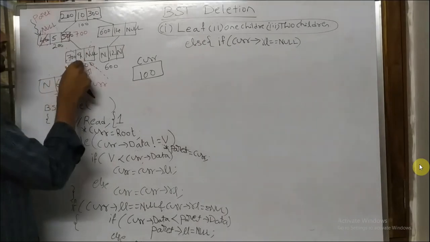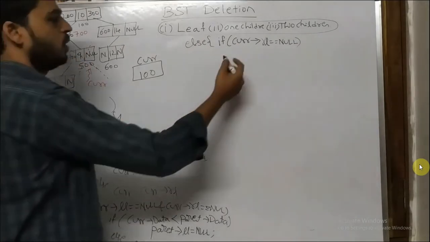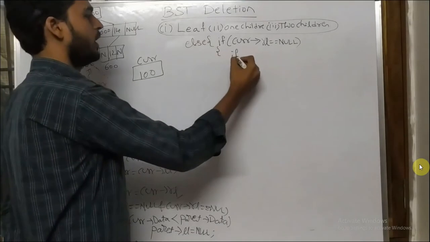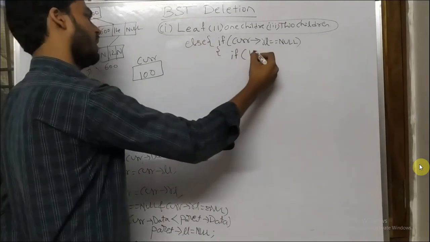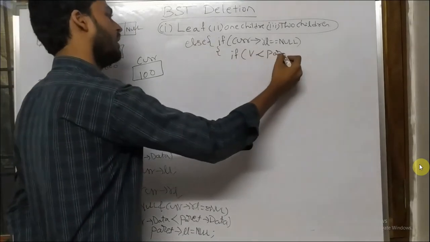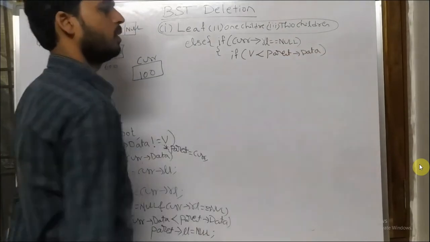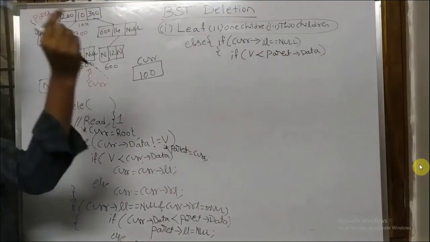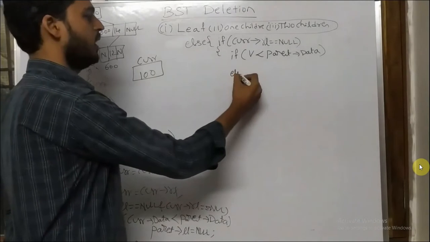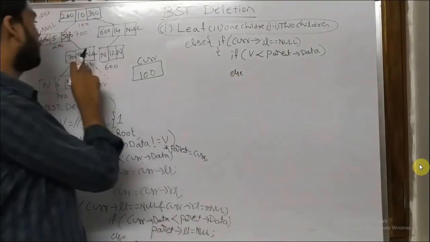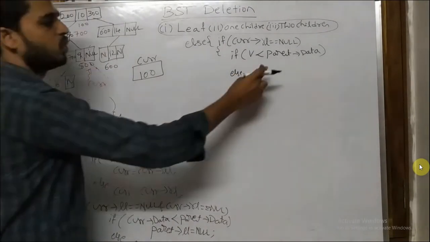Again, you need to check the condition by deleting this one. So you need to write here, if the corresponding value is less than parent tends to data. Okay, fine, this is not our case, right? If the corresponding value 9 is greater than parent tends to data, then it is going to execute this case.